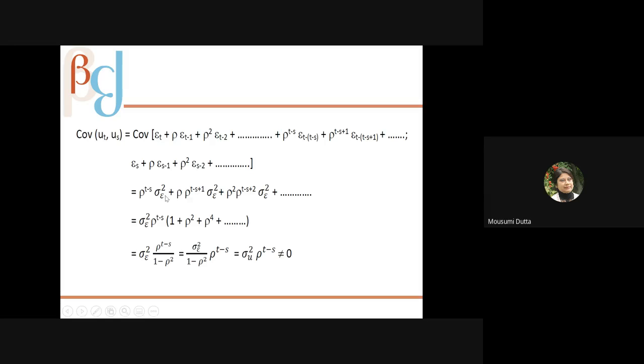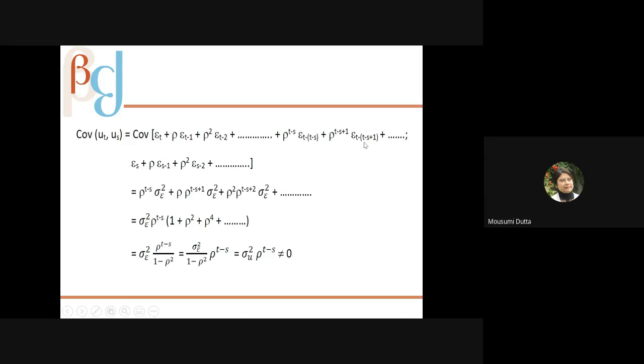So rho to the power t minus s: first time here it is appearing, because here the term is epsilon s. So rho to the power t minus s, when I am considering covariance between epsilon s and epsilon s, this is the variance of epsilon, which is given by sigma epsilon square. Then what we are getting, rho into rho to the power t minus s plus 1.